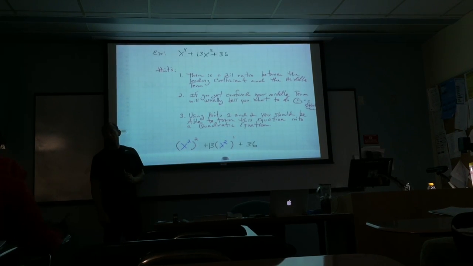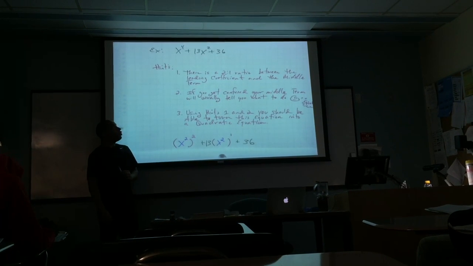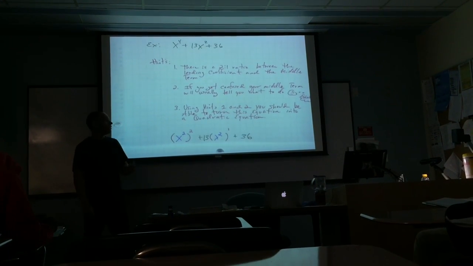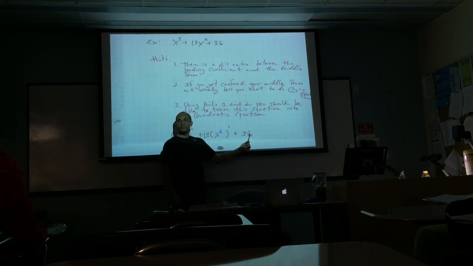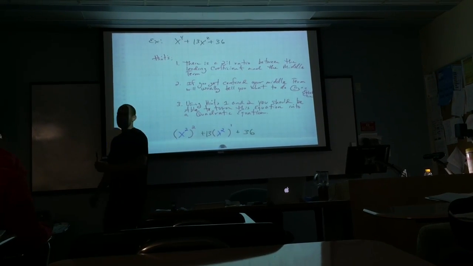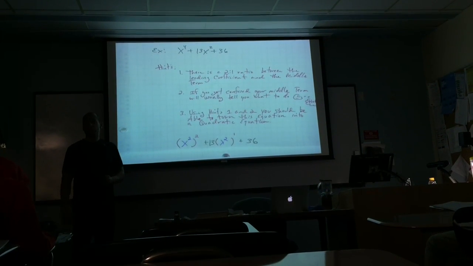Yes, Mr. Barbosa. Wouldn't it be simpler to just square the whole equation? Well, if you square this and this, then you also have to square that at the end over there. Yeah, but it's a perfect square. Then I would have to end up with 36 times 36, right?